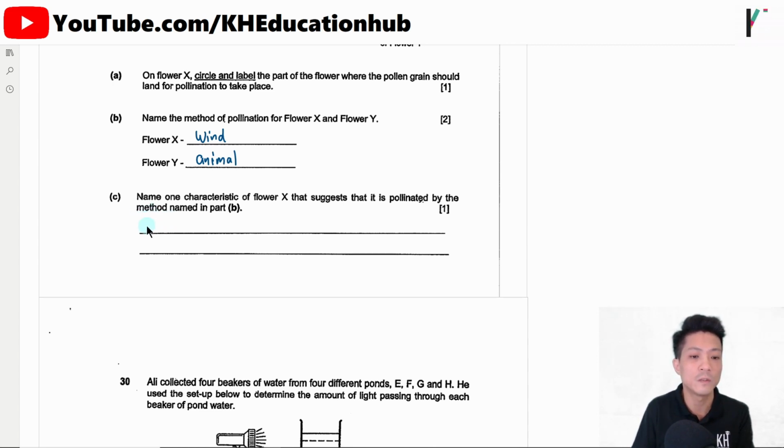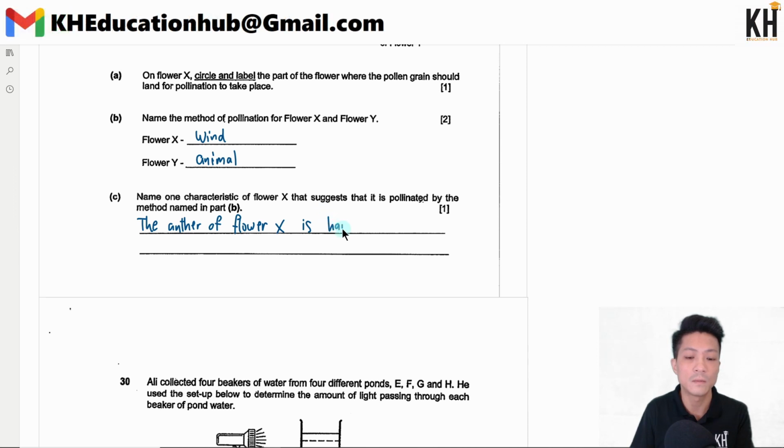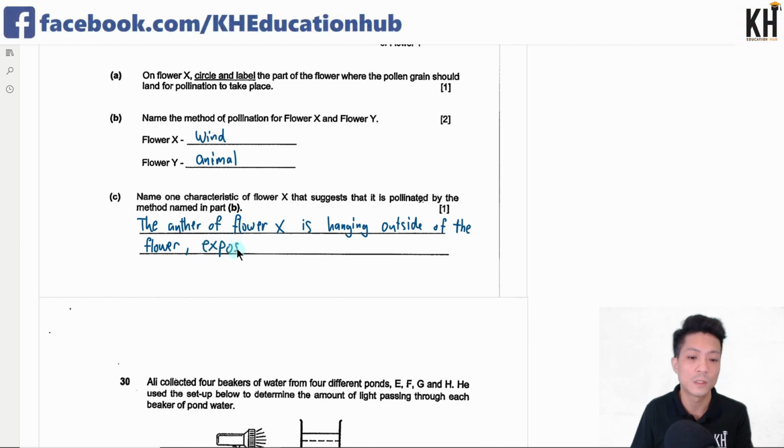So I'm going to write one of them: the anther of flower X is hanging outside of the flower, exposed to wind.